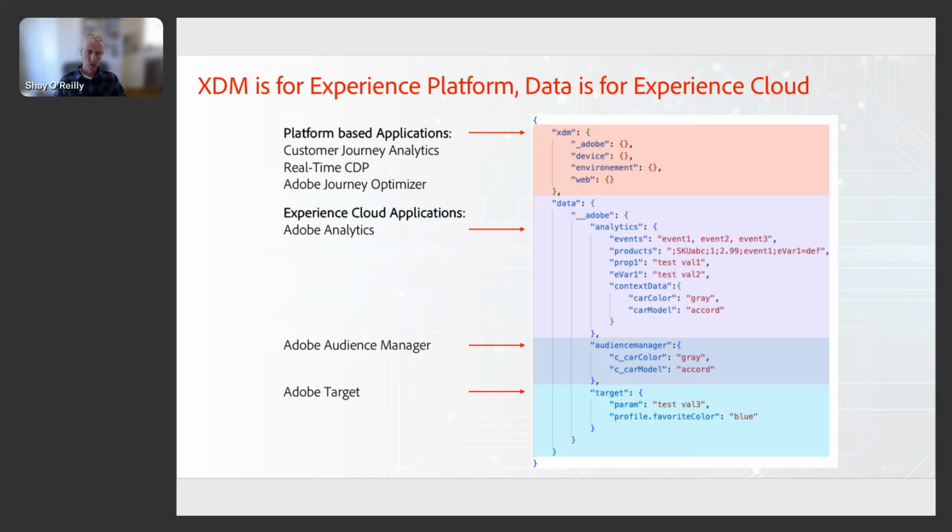You can just use your existing client-side logic, your browser logic, to create that product string and then just send that product string on. So when this particular payload gets sent to Experience Edge and you've configured Experience Edge to route to analytics, that section under data, _adobe analytics, those events and products would all automatically get ingested.